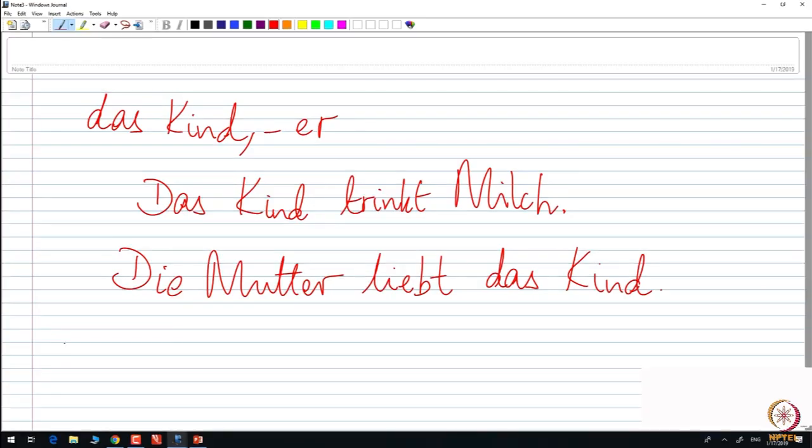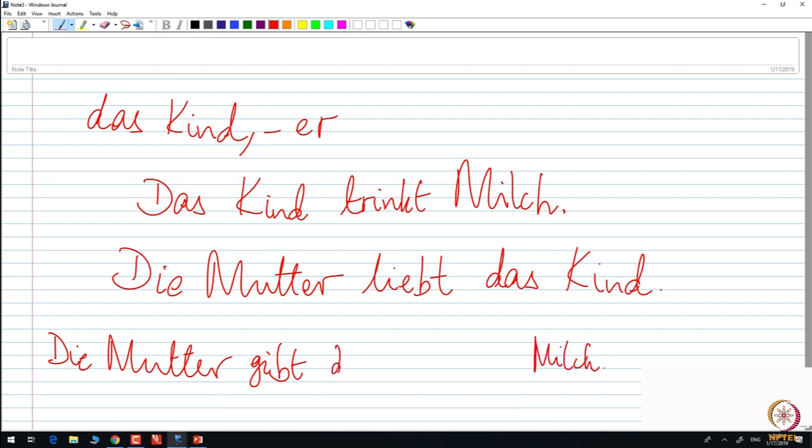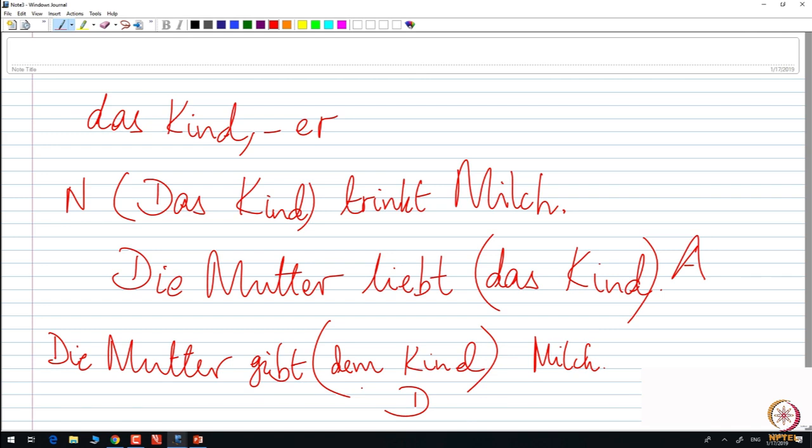Die Mutter gibt dem Kind Milch. Das ist Nominativ, das ist Akkusativ und hier haben wir den Dativ.